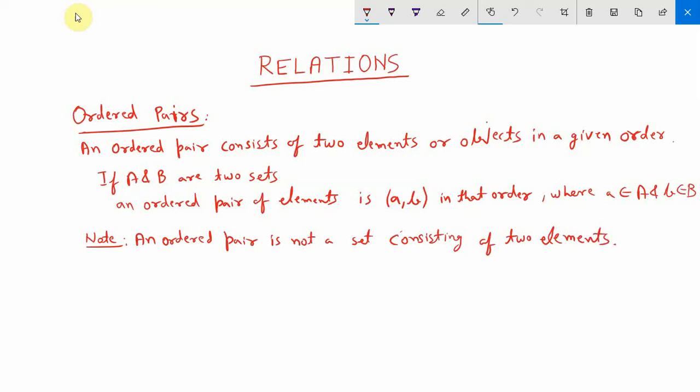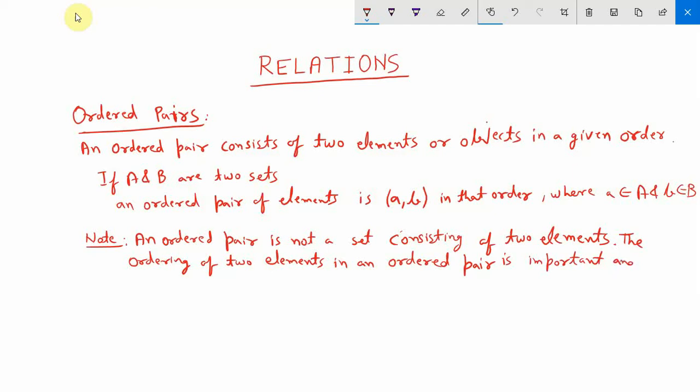The ordering of the two elements in an ordered pair is important, and the two elements need not be distinct.